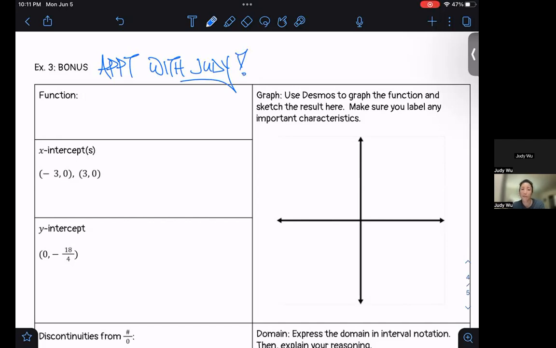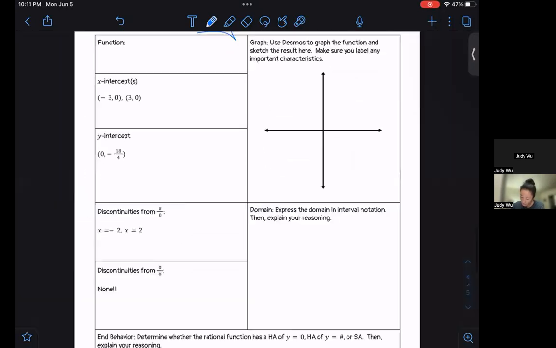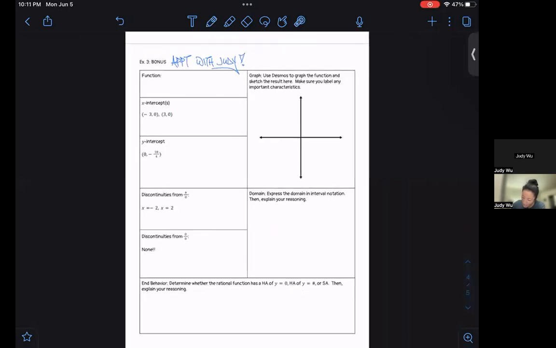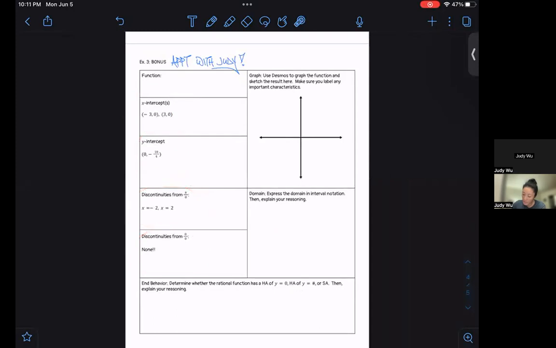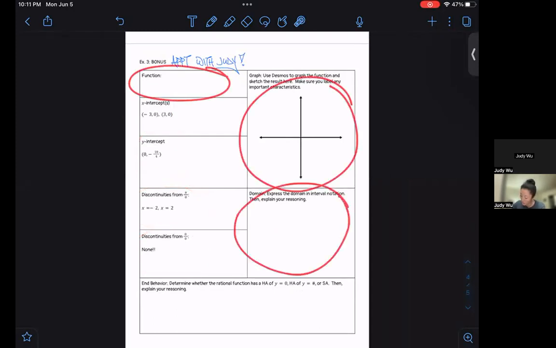We could do it on Zoom, we could do it in person, we can figure out the details later, but you're basically going to show me how, if I have these x-intercepts, this y-intercept, these discontinuities, and no holes, how do I write the function? What does the graph look like? What's the domain? And what's the end behavior?